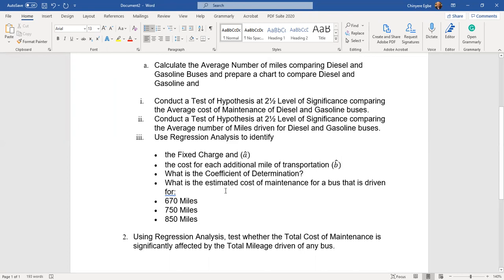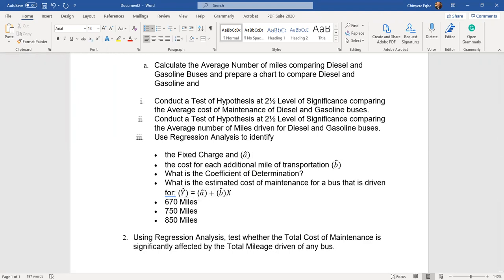The cost estimate will be Y equals A hat plus B hat times X. Instead of calling it Y, we're going to call it Y hat, because Y hat is an estimate of Y. So this is what you do after you estimate A hat and B hat: you find Y hat, which is that equation.